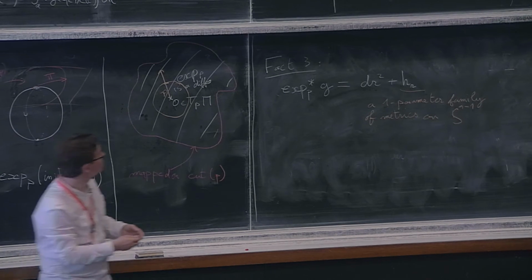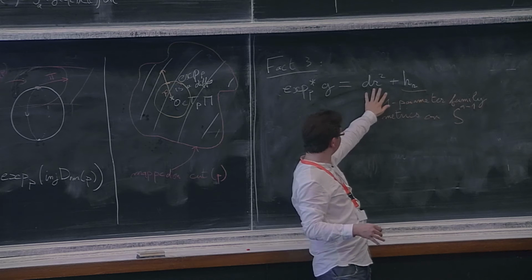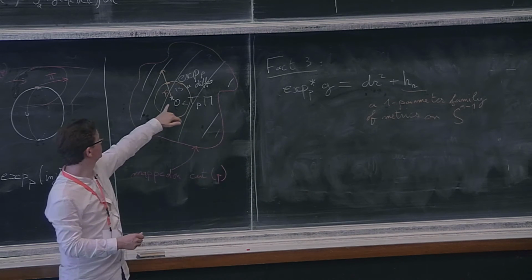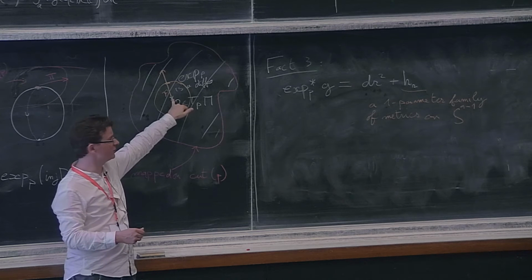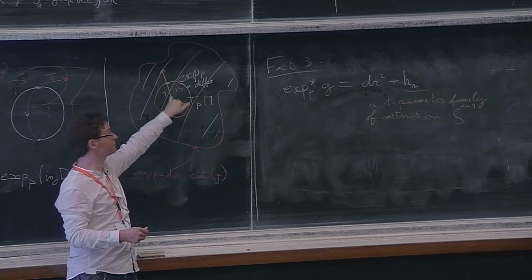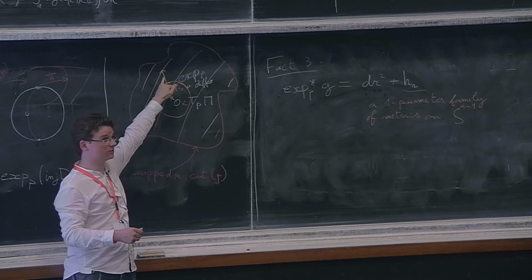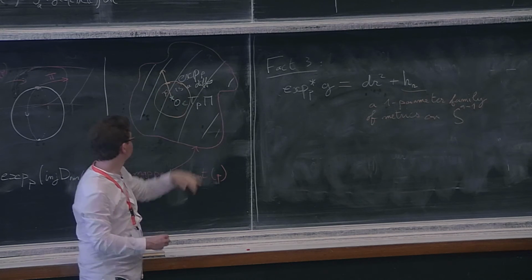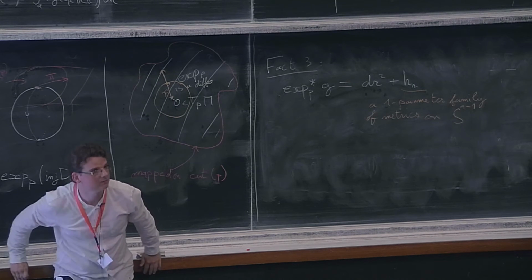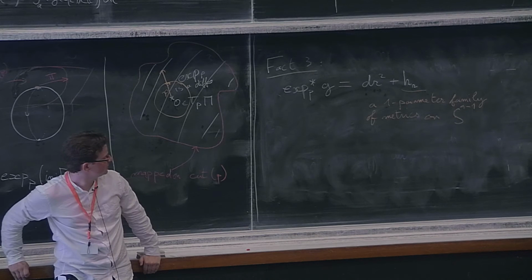And the geometric content of this fact is that when you take a point from the origin and you travel in a straight line to the sphere along this geodesic, then you will meet the sphere orthogonally. That's sometimes called the Gauss lemma.